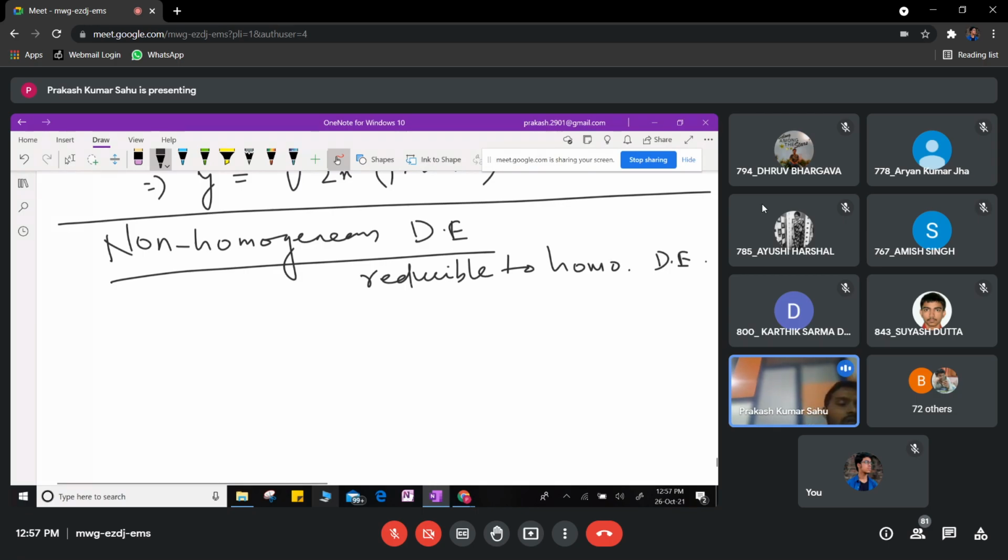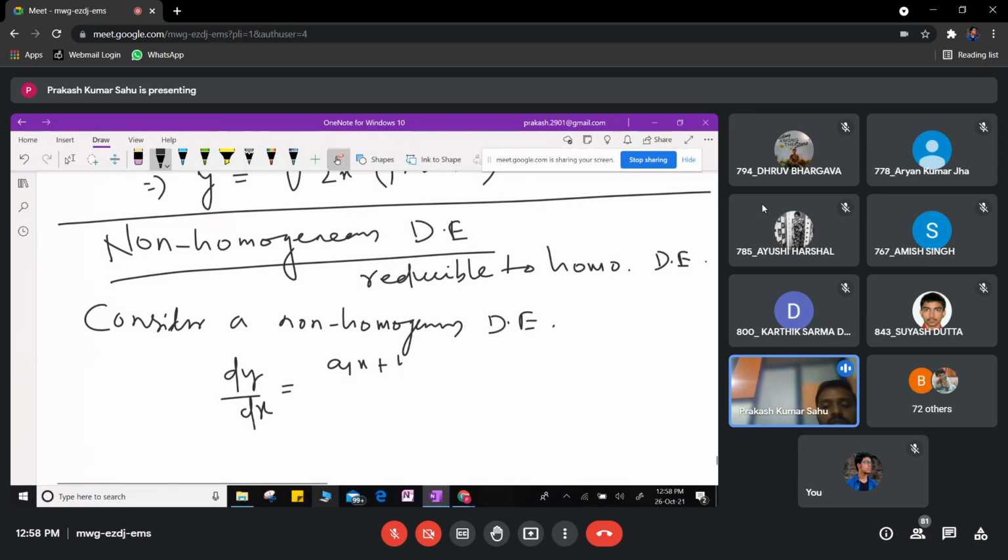Consider a non-homogeneous differential equation. Suppose in the general form I can write dy by dx is equal to a1x plus b1y plus c1 divided by a2x plus b2y plus c2.